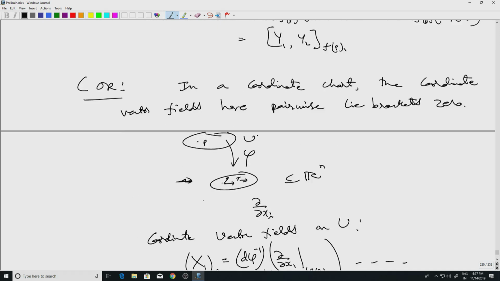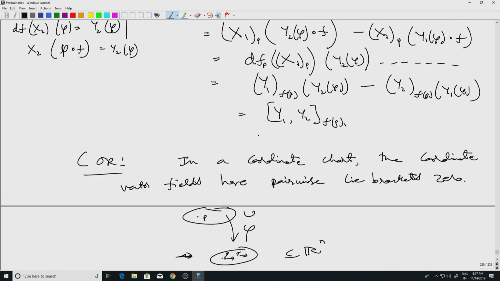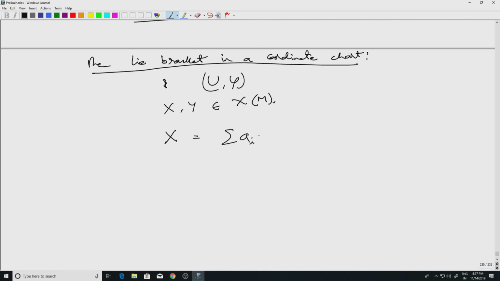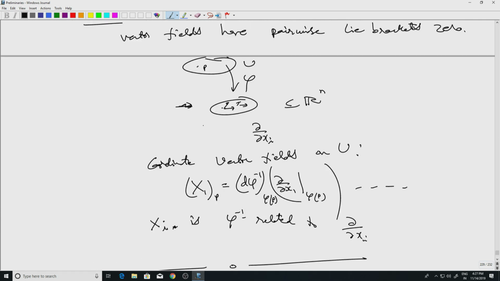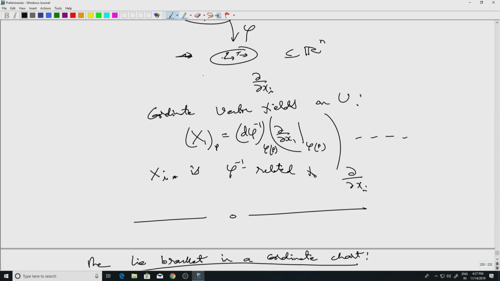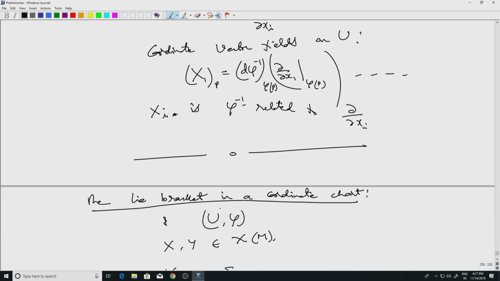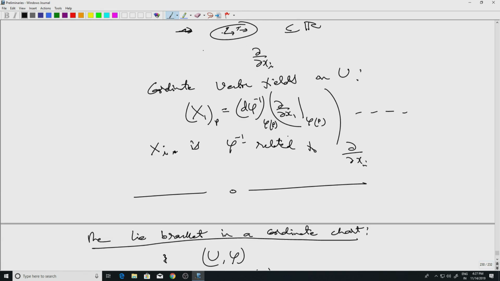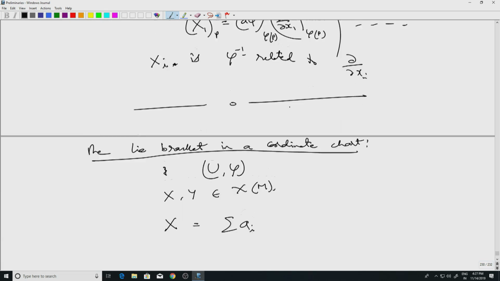I should mention one thing. I'll follow the usual convention: instead of writing x1 etc., I'll just use del by del xi here as well. So del by del xi is used on Rn as well as on the manifold. On the manifold, what we actually mean is d phi inverse of del by del xi.